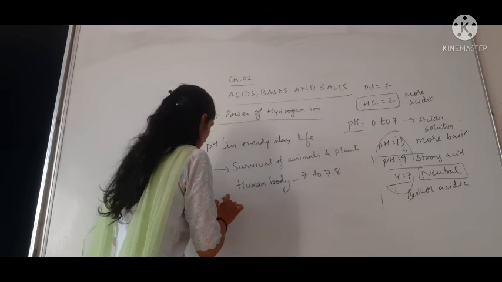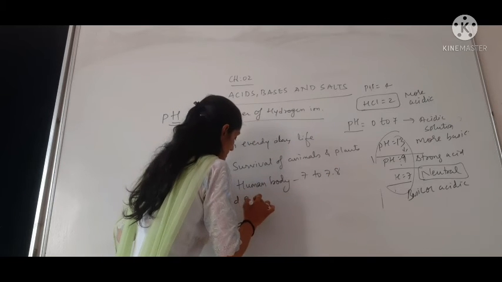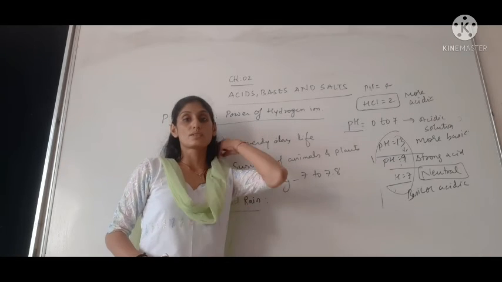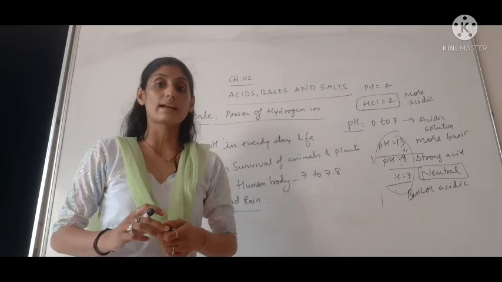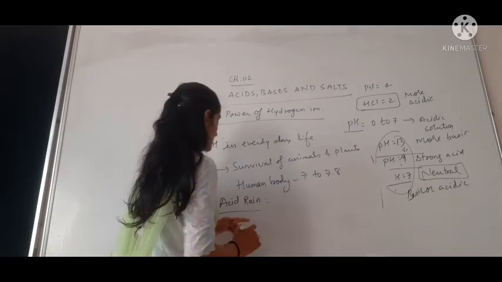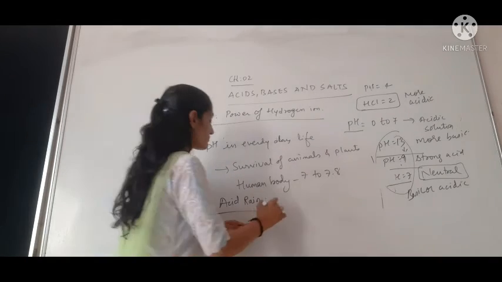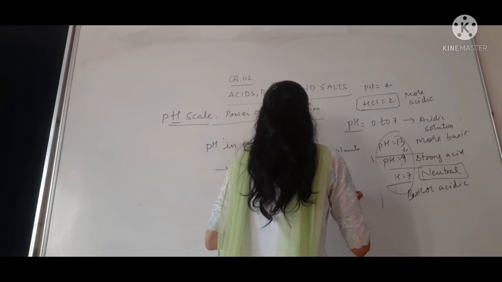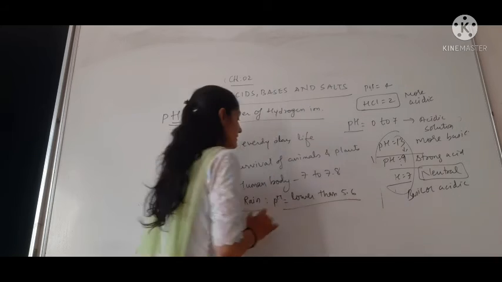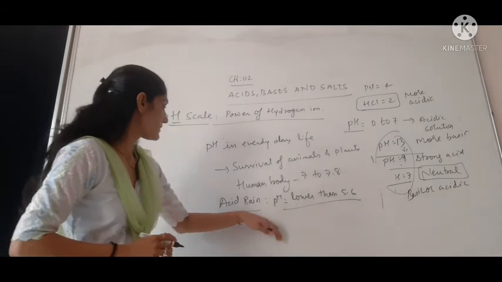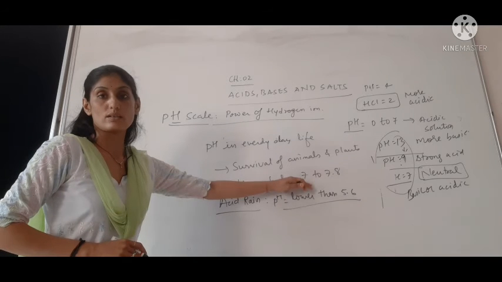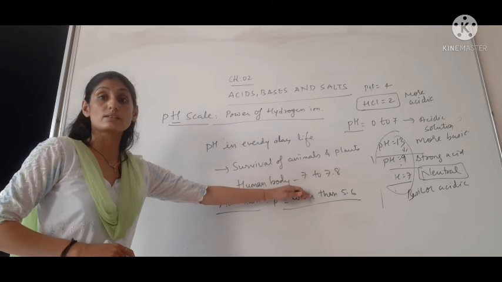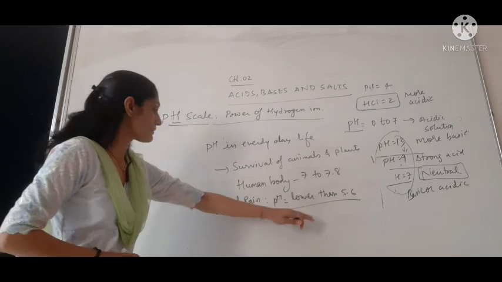But when we talk about acid rain, we know that the rain which is mixed up with the oxides of nitrogen and sulfur, they are producing acid by themselves, and that acid is known as acid rain, and that value of pH is lower than 5.6, we can say that, and lower the value of that particular pH from this particular water for aquatic life. So it will be very difficult for those aquatic animals and plants to survive with this pH.